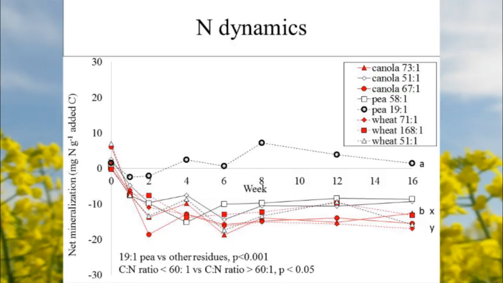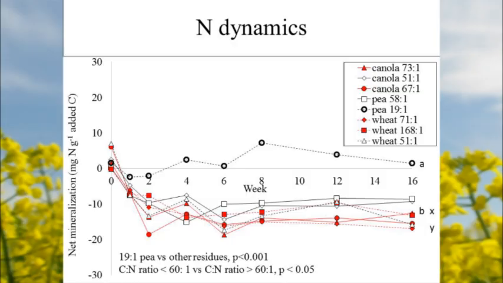And then we added the other residues, and we can see that the residues that were grouped with around 50 carbon to every 1 nitrogen, so it's a moderate C to N ratio, there was a net tie-up of nitrogen. And this occurred whether it was canola, pea, or wheat.